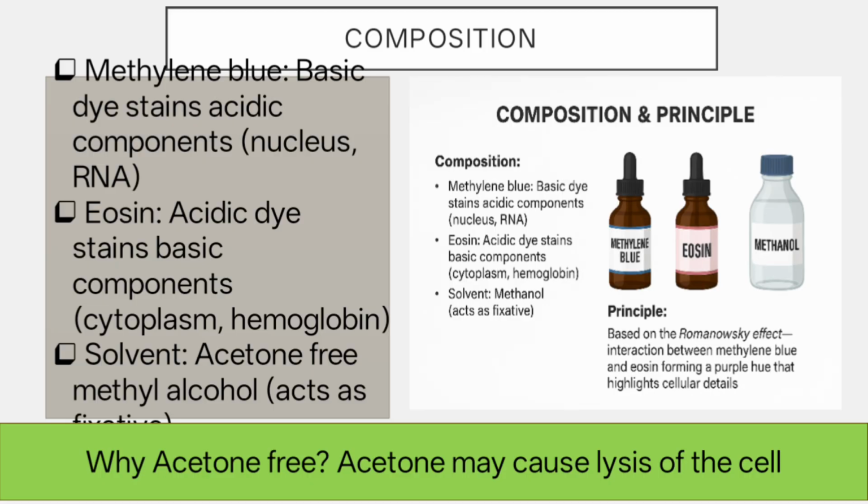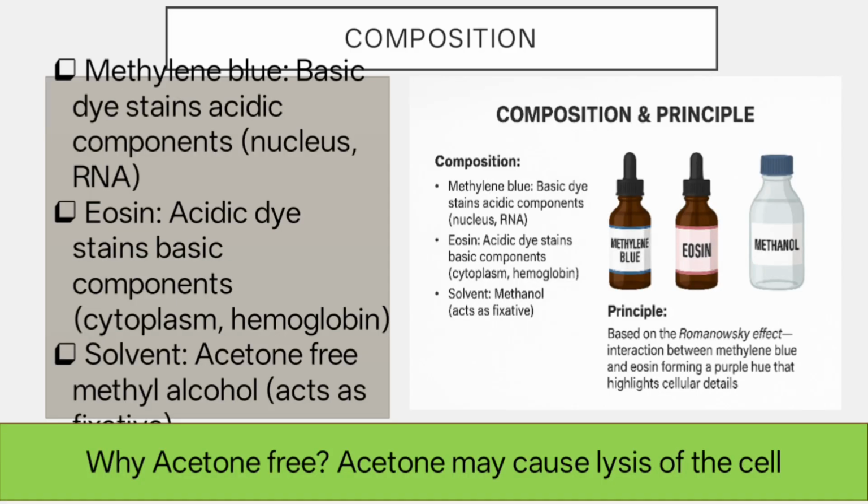The solvent is acetone-free methyl alcohol. Methyl alcohol helps in fixation; it acts as a fixative. And why is this methyl alcohol acetone free? Because acetone may cause lysis of the cell.